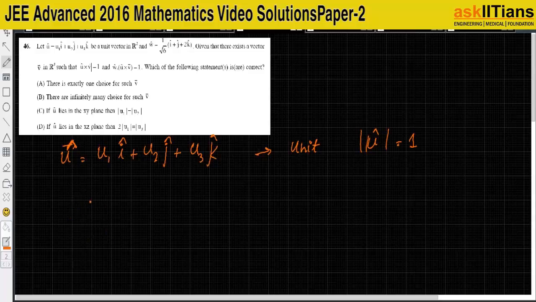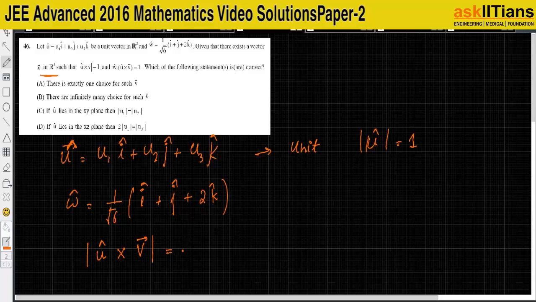Alright, it's also given that there is another vector w cap, which is 1 by root 6 into i cap plus j cap plus 2k cap, and given that there exists a vector v in R cube such that u cap cross v vector has magnitude equal to 1, and it is also given in the question that w cap dot u cap cross v vector is equal to 1.